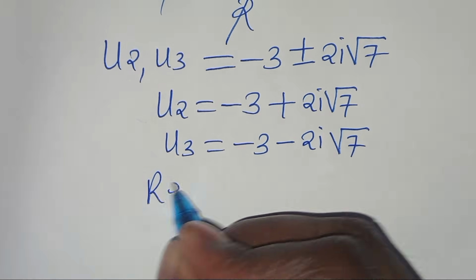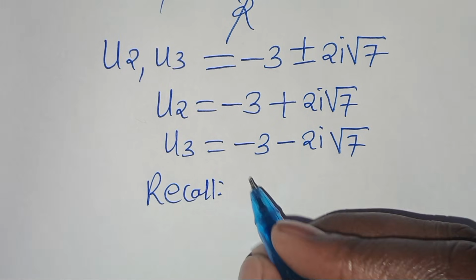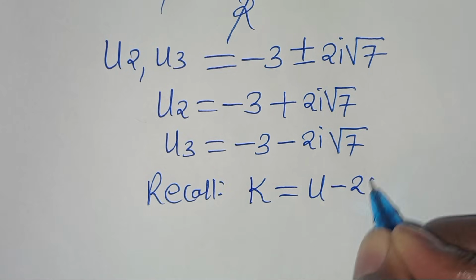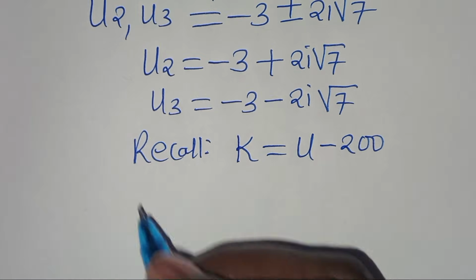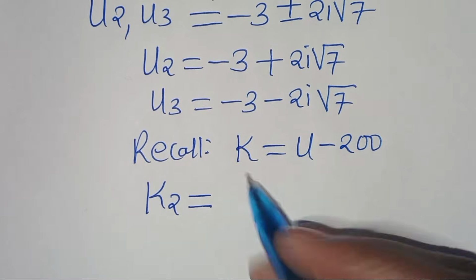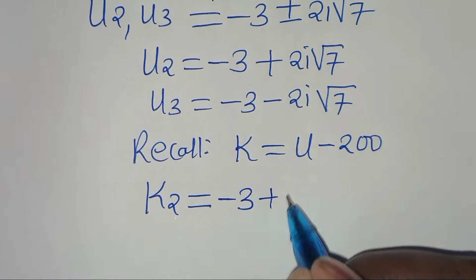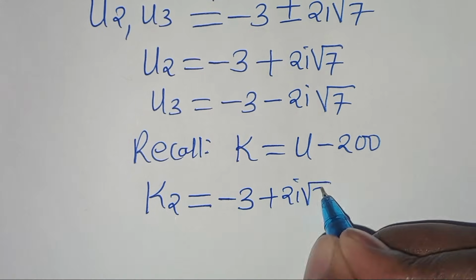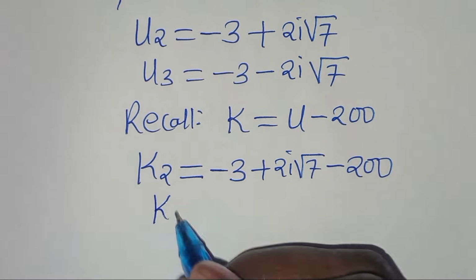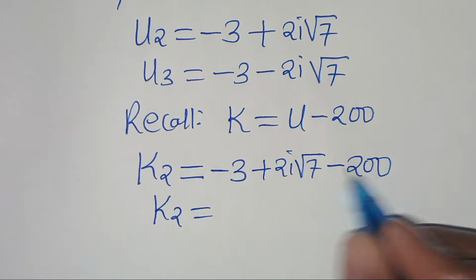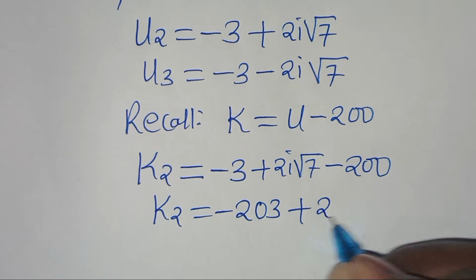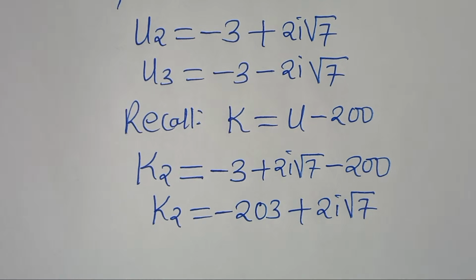But if you recall, we have that k is equal to u minus 200. So k2 will be equal to u2, which is minus 3 plus 2i square root of 7, minus 200. This means that k2 is equal to minus 3 minus 200, which is minus 203 plus 2i square root of 7.